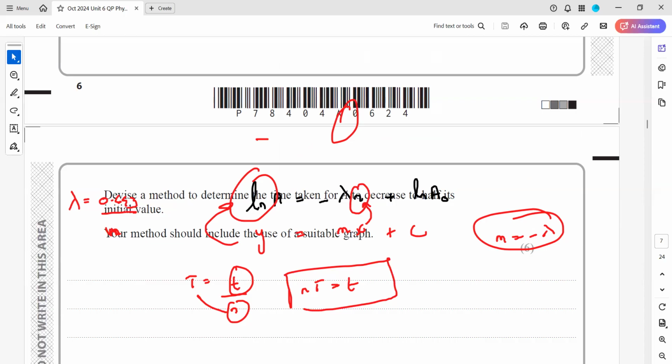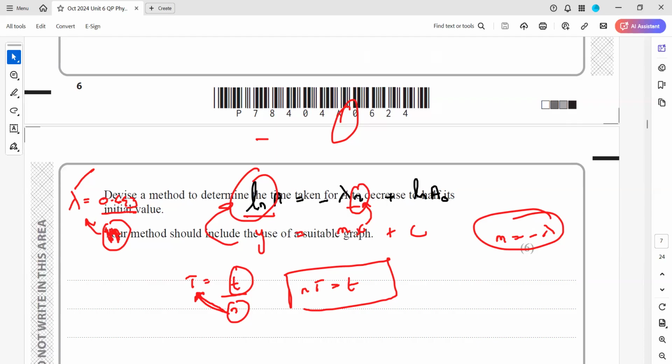Then I'll plot a graph of ln A on the y-axis and n on the x-axis, and finding the gradient will give us lambda. From lambda, we'll get the value of n. And n is the total number of oscillations multiplied by the time for one oscillation, so we'll get the total time it will take to become half.